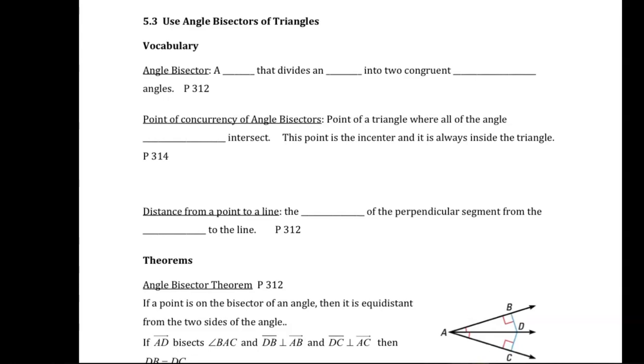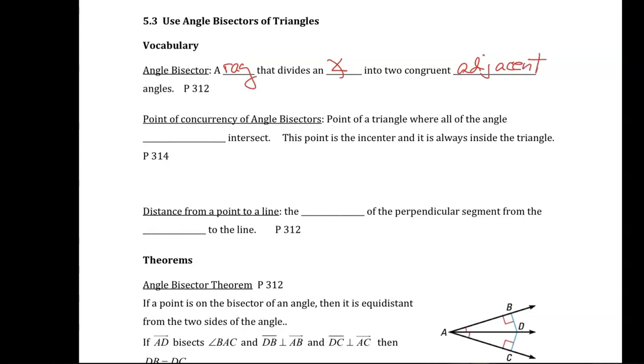Okay, so an angle bisector is a ray that divides an angle into two congruent and adjacent angles.